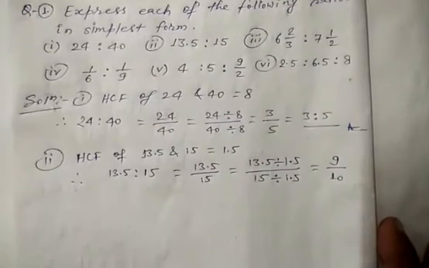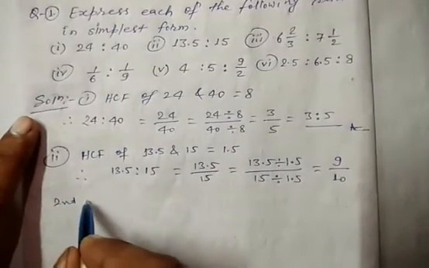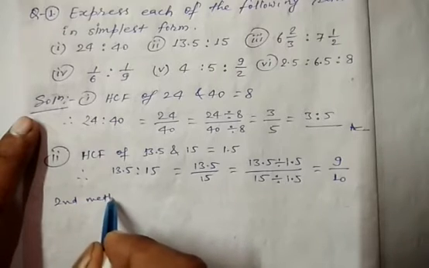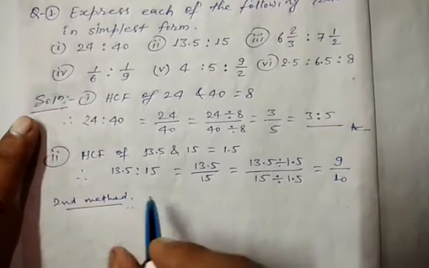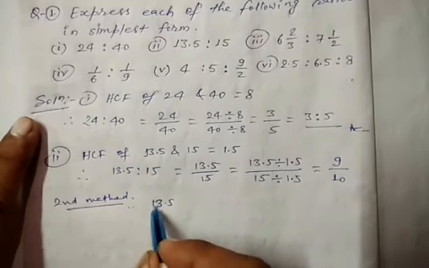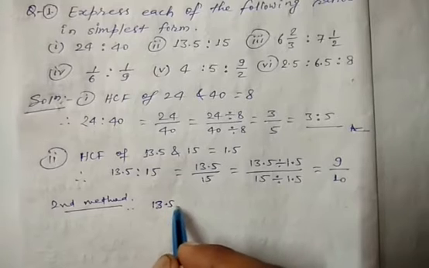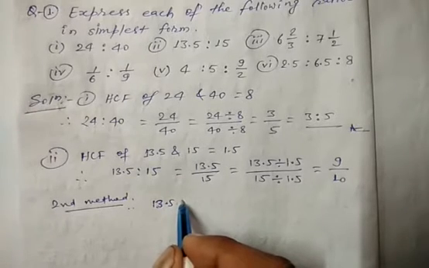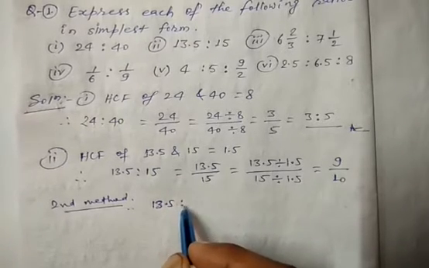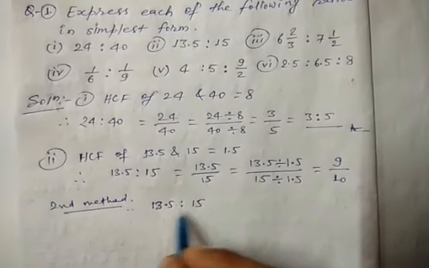One more process, second method, in which firstly we change 13.5 ratio 15.